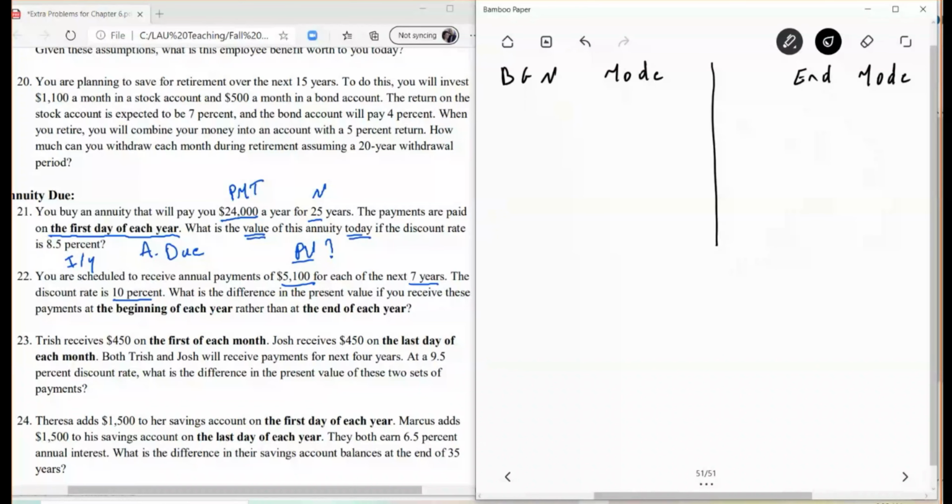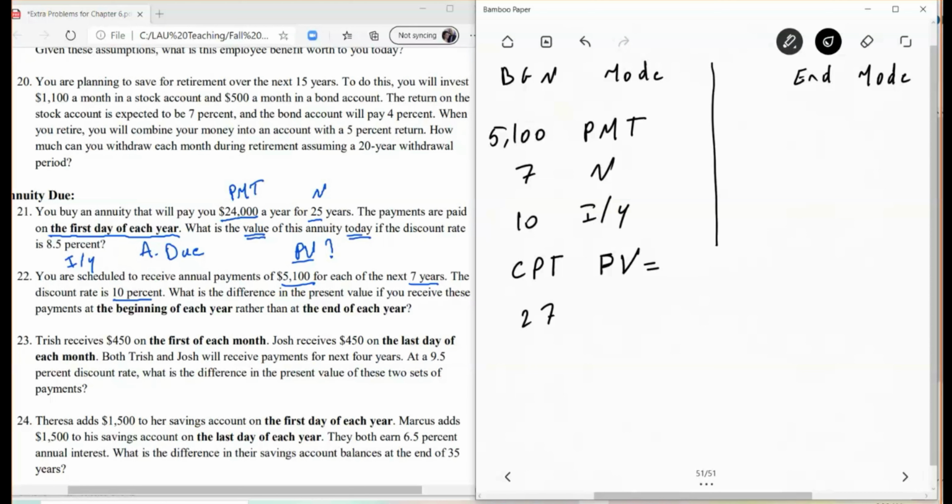So mainly I'll have the following: 5,100, this is the payment, 7 is N, 10 is IY, I compute PV, excuse me, not FV. So compute the present value. The present value in this case is 27,312.